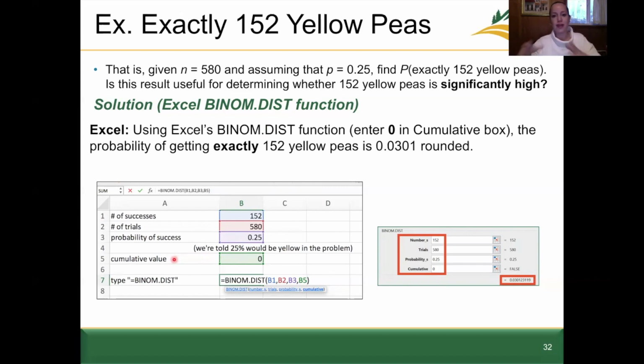We just want to know exactly 152 yellow pea plants among our N trials. So the big differences are a cumulative value of 0, and we're using this binomial distribution function rather than the normal distribution function. When we click enter, we should get 0.0301, just slightly rounded here.